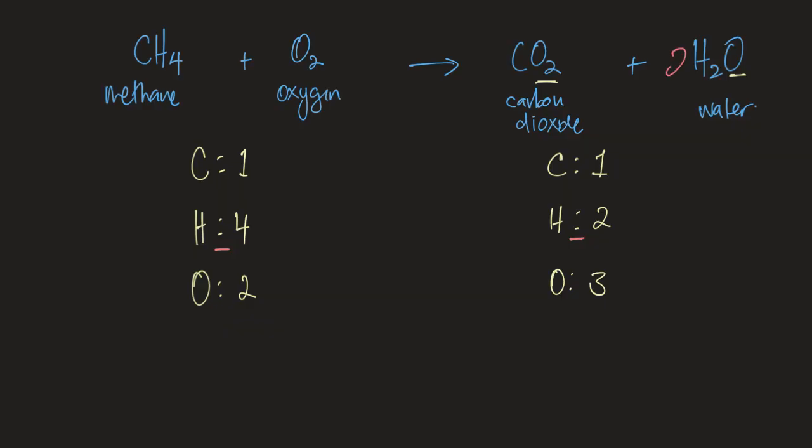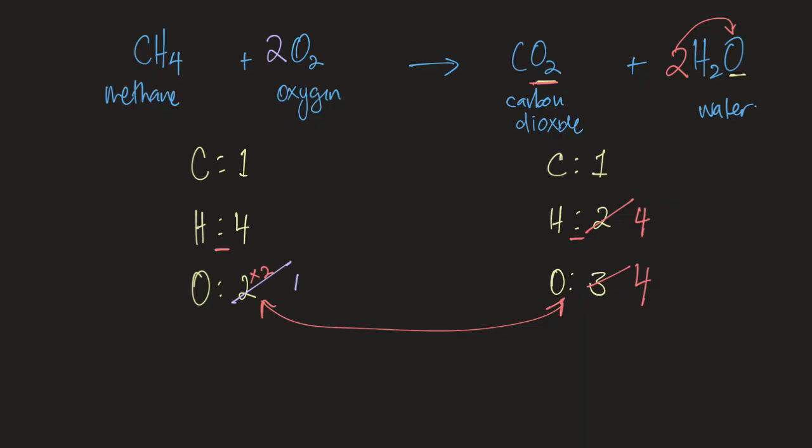So I'm going to put a coefficient of 2 in front of water, and my hydrogens are now 4. But my oxygens have now become 2 plus 2, which is 4. Now if I look at these numbers, how do I get 2 to become 4? I need to times it by 2. So I'm going to go in front of oxygen and put a 2 there.